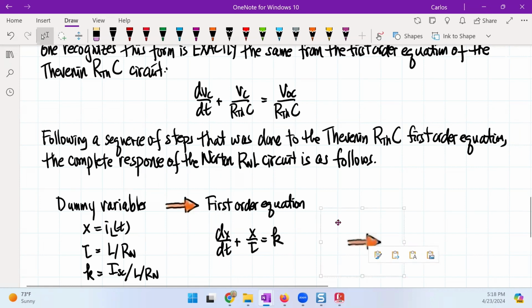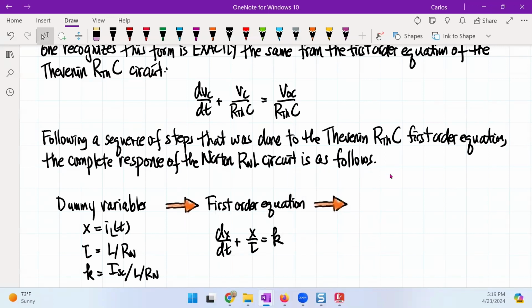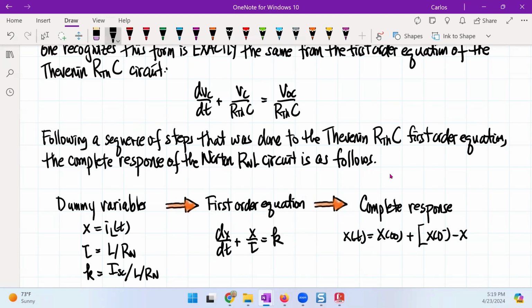So if that's the case, then I can go to the next piece here. We already know the solution of this, and this is the complete response. When we wrote the complete response, we said that x of t is going to be x of infinity plus x of 0 minus x at infinity, all times the exponential term.